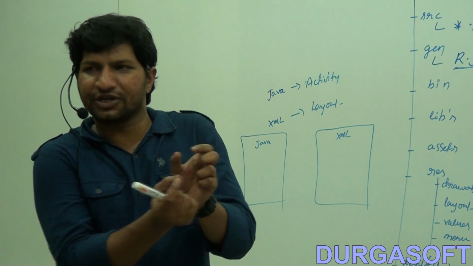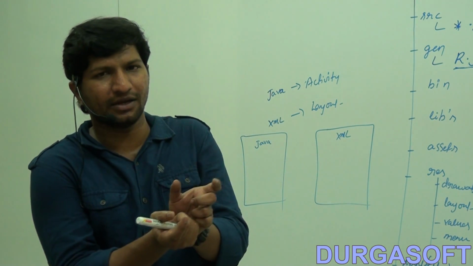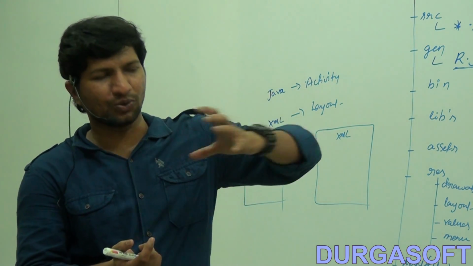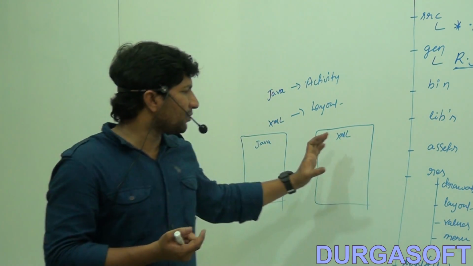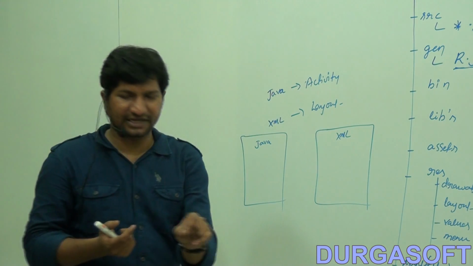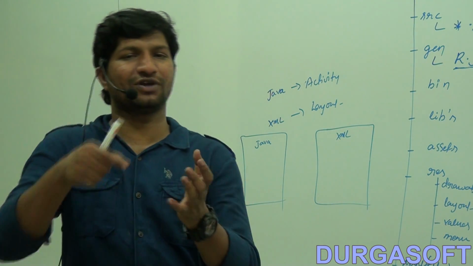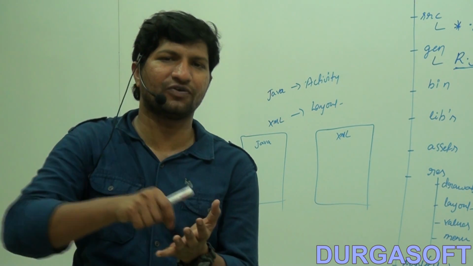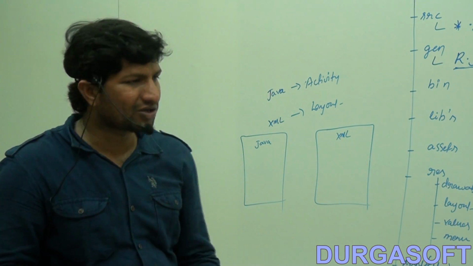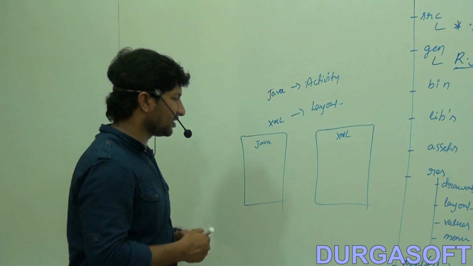Let us take the button example. You can create a button with the help of XML, but once you click the button, if you want to perform any action, that logic you cannot write in the XML. You definitely need to write the logic in Java.